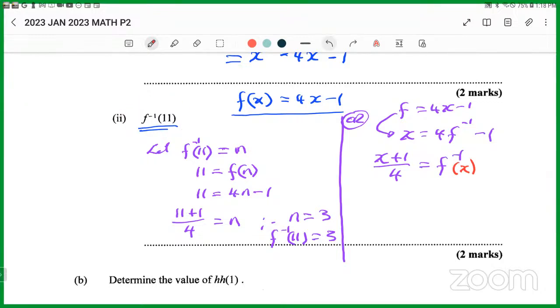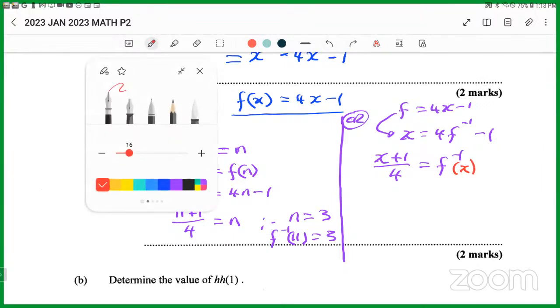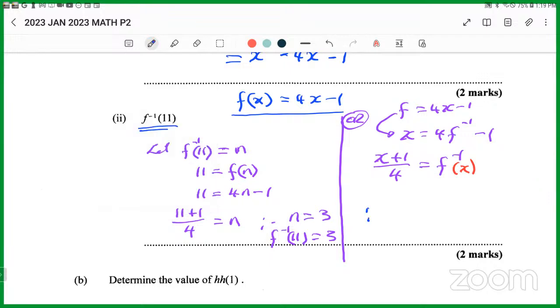So it means that you're going to have to take the 11 and put it in here where the x is. Get that value. And so therefore, f to the minus 1 of 11, you're putting 11 here, so putting it here as well.